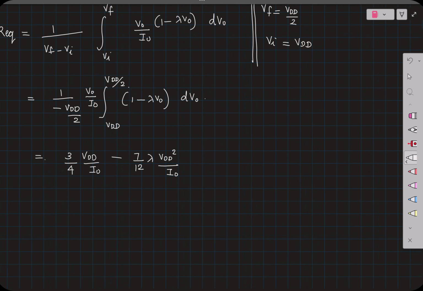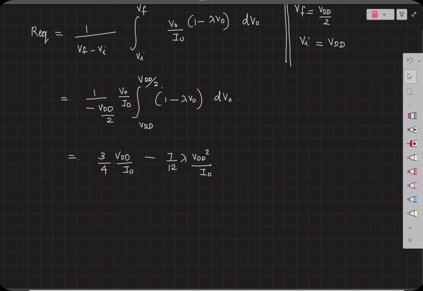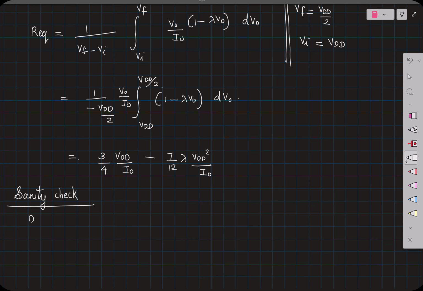Right. So when you get an answer like this, what is the first step you do? Do a derivation, get an answer. First step, some sort of sanity check, right? What is the easiest sanity check that you can always do? Check the dimensions. So on the LHS, you have something with the dimension of a resistor.